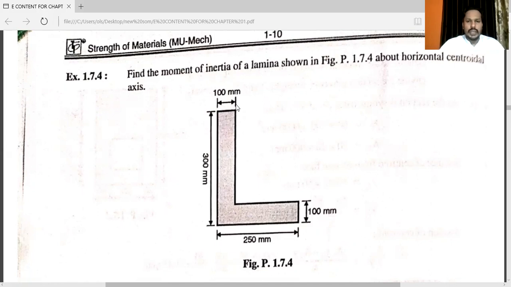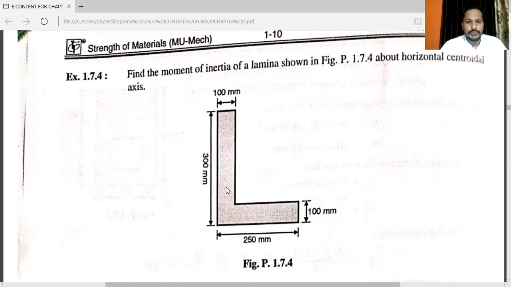While solving any problem, first of all, you have to see each and every diagram very carefully, because the selection of the horizontal axis and the selection of the vertical axis is very important while solving problems on moment of inertia. Once you select the horizontal axis and the vertical axis, it will be very easy to solve the given problem. So here I am explaining the solution.